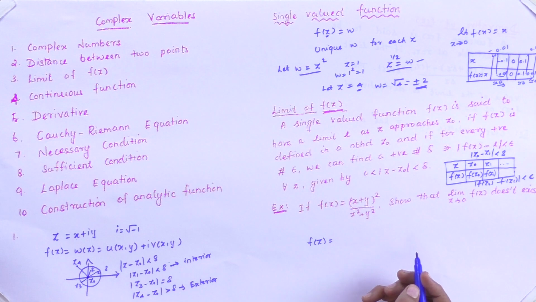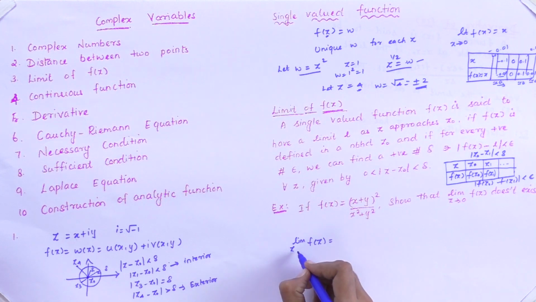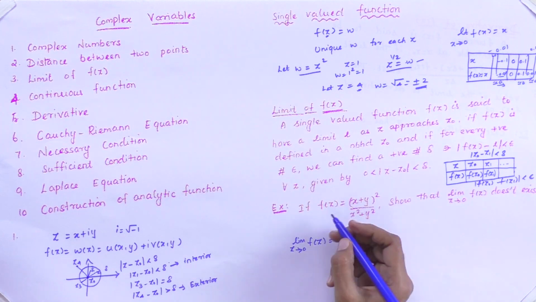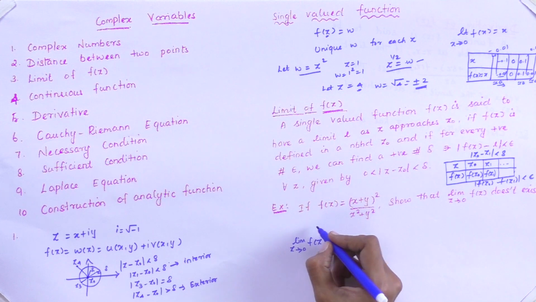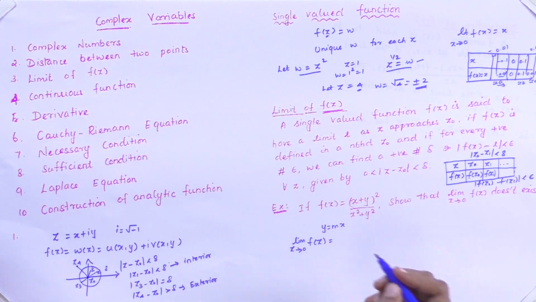So if it is not the same value, then the limit does not exist. Let me find the limit for the function f of z as z approaches 0, along the path y is equal to mx. Set y is equal to mx.